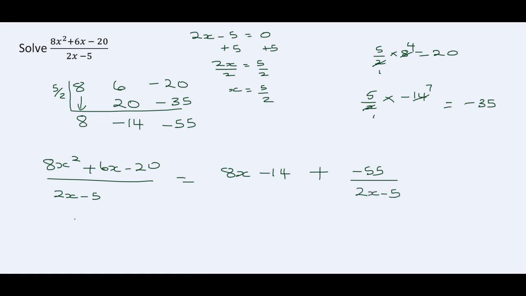One thing to note here is that synthetic division is actually more accurate if the coefficient of x in your denominator, or of the algebraic term in your binomial, is 1.